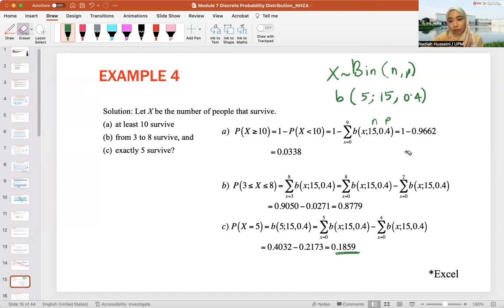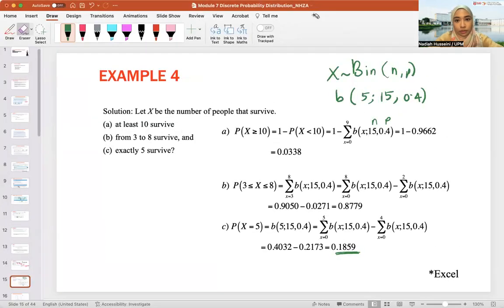So how do we do this in Excel? Let's do it. I want to know from 0 to 9. N is 15 and P is 0.4. The cumulative goes up to 9, not 10, because it must be less than 10. There's no equal sign here, so I'm only going up to 9.